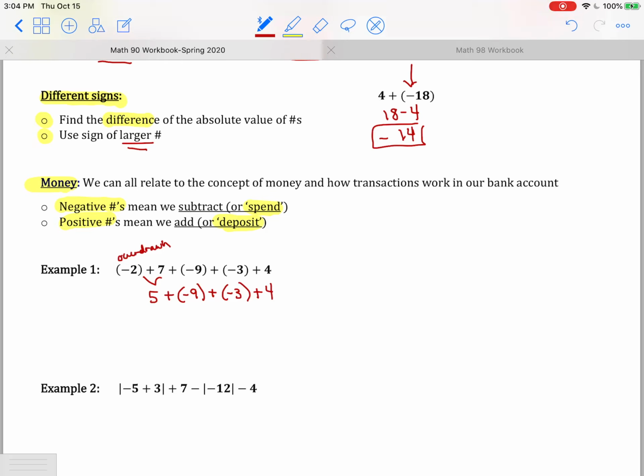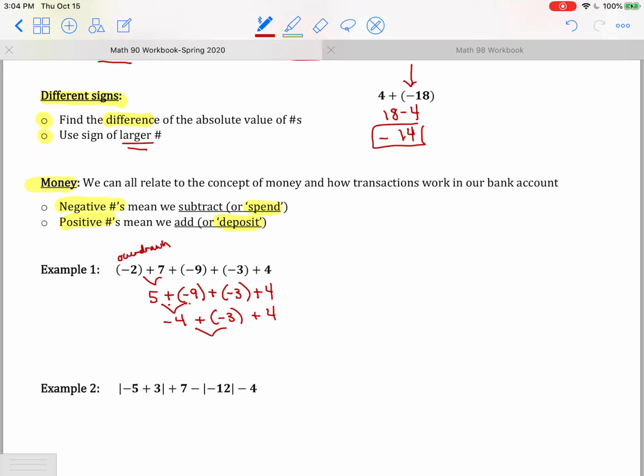Okay, so we're sitting at $5 in our account and we spend 9, right? Well, we're back down to -4 in our account. Okay, and we're not very good with our bank account, so we spend more.